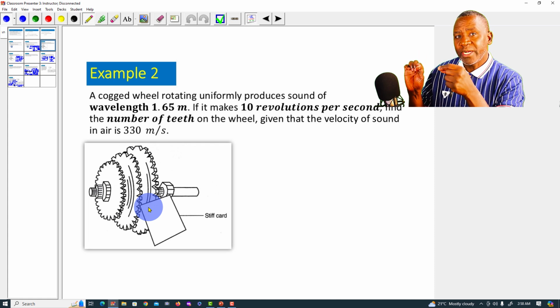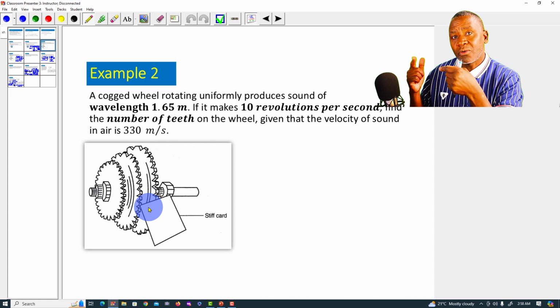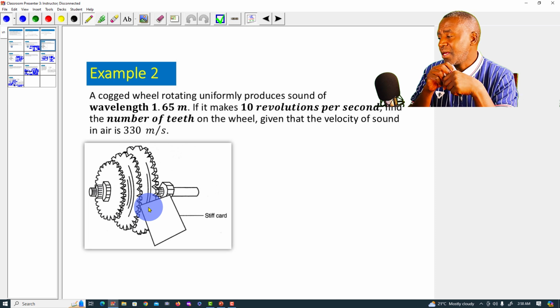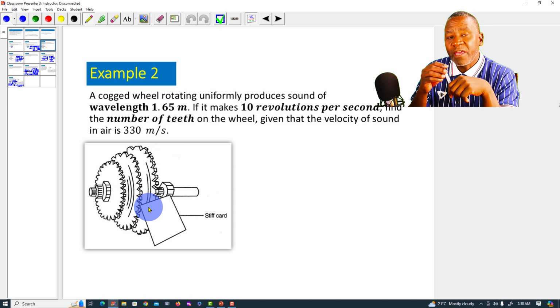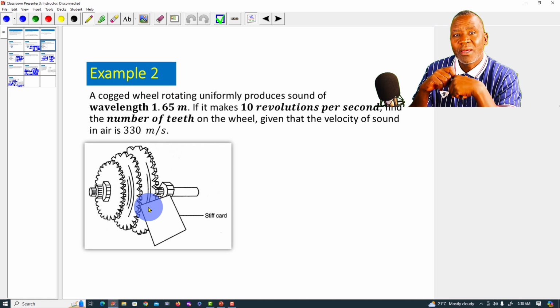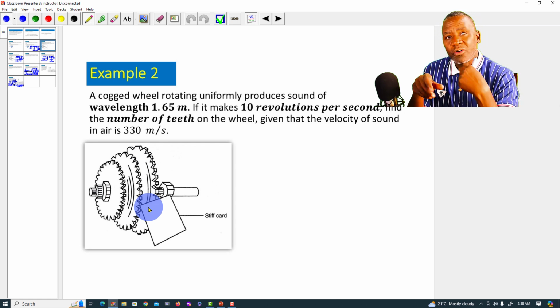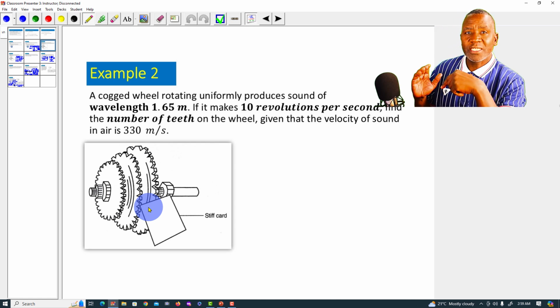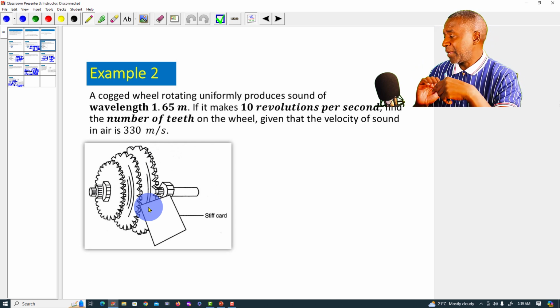When the wire vibrates, it produces sound. So sound is produced when objects vibrate. Even when I'm speaking to you, my vocal cords are vibrating and they are producing sound, which is being captured by the microphone and then converted into other forms of energy. That is a subject for another topic.